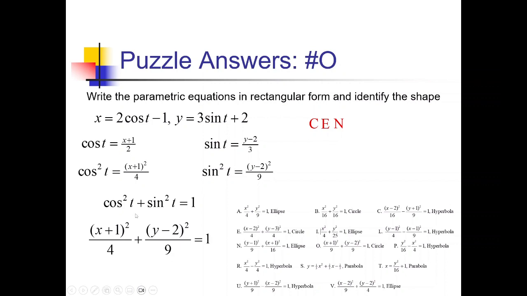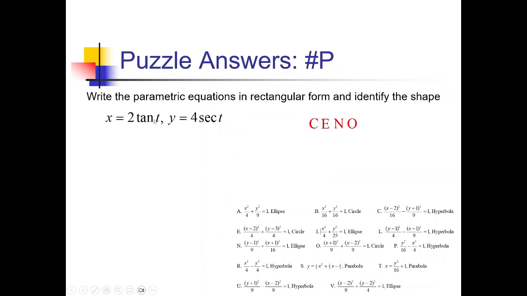Since I have the same sign on these and both of the variables are squared and the denominators are different, this is going to be an ellipse. All of that tells me it's an ellipse, not a circle. Checking my answer, it looks like they identified it as a circle and the denominator is a little different on that first fraction there. So that means O is one of the letters we should keep, so I will record that.